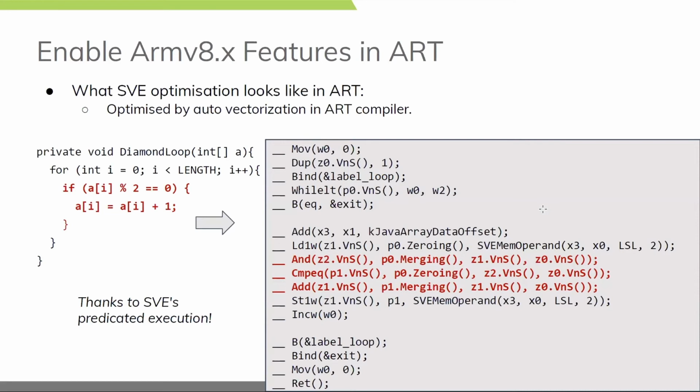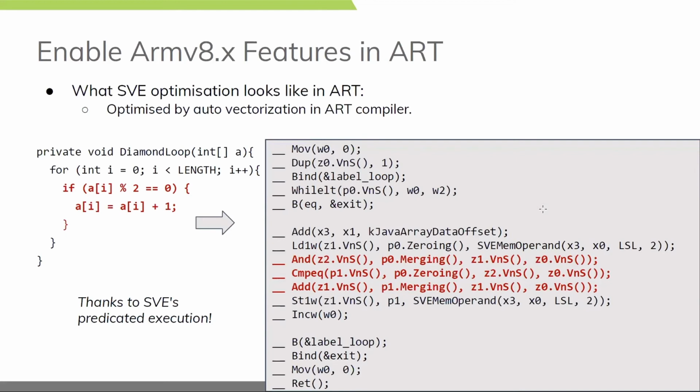Here is one of my favorite loop examples of how ART can optimize a loop with SVE instructions. As you can see, this is a very simple computation. This loop takes an array and performs some operations on the array. Note that there is an if inside this loop, and some of the array elements get updated in the loop, and some of the array elements remain untouched.